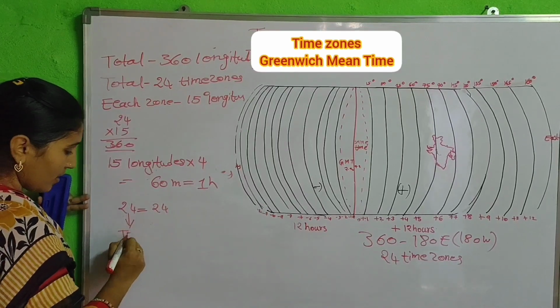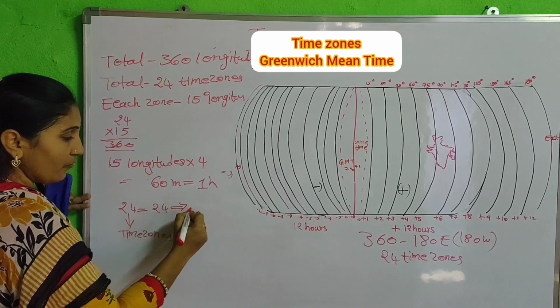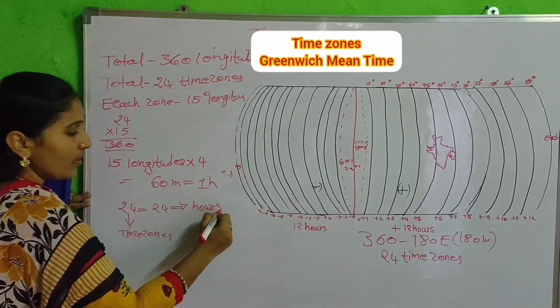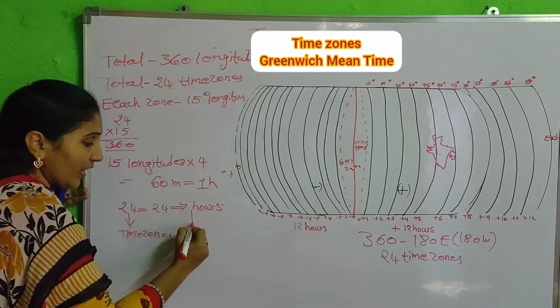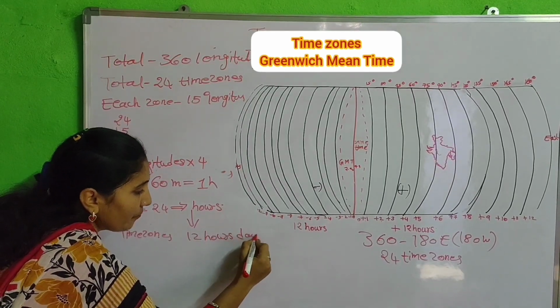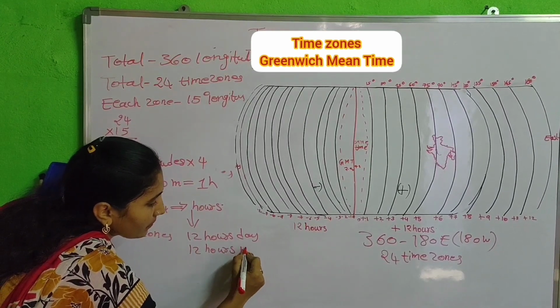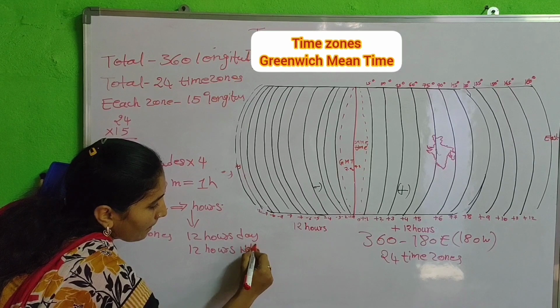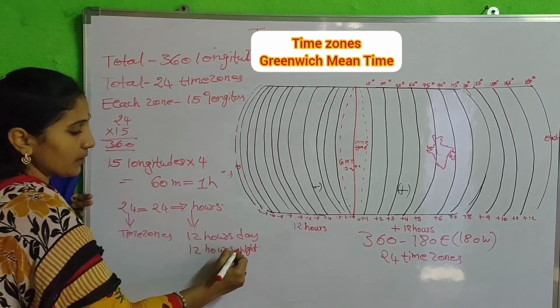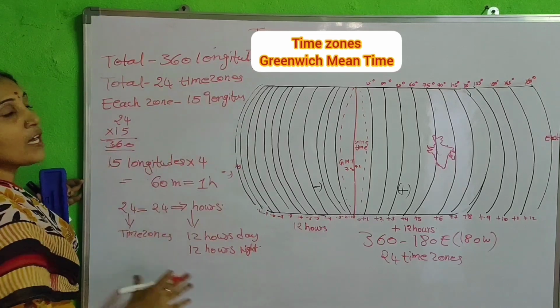Here 24 are the time zones and this 24 is the hours. It is divided again into 12 hours day and 12 hours night. Clear? This is related to the time zone.